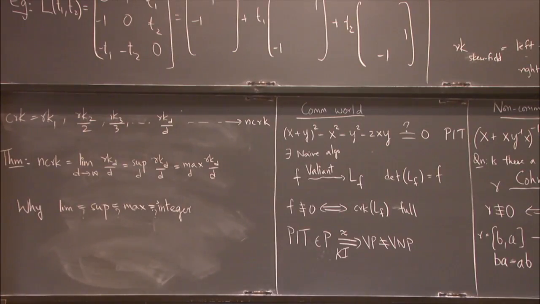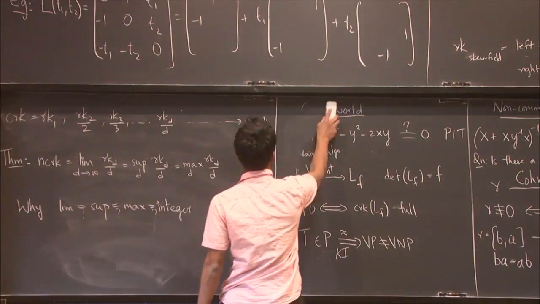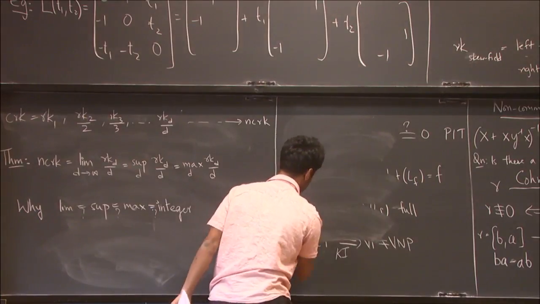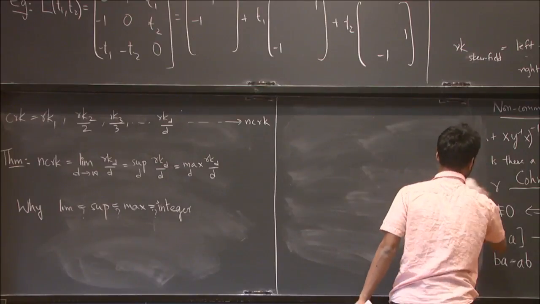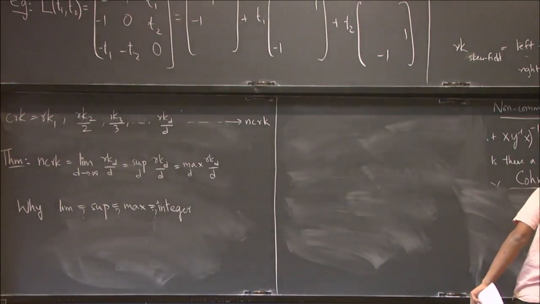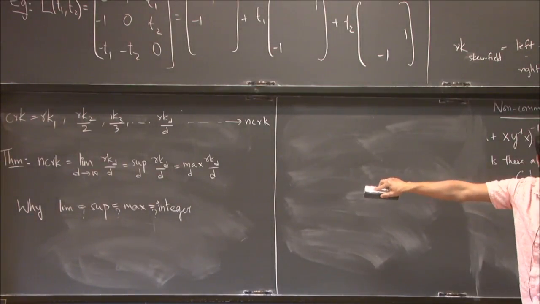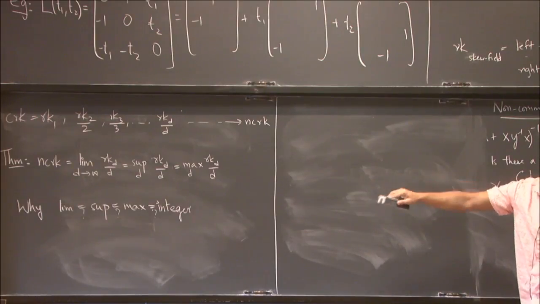So I finally come to the meat of the talk. This is called the regularity lemma. I'm going to spend the next few minutes making sense of why all those things are equal.